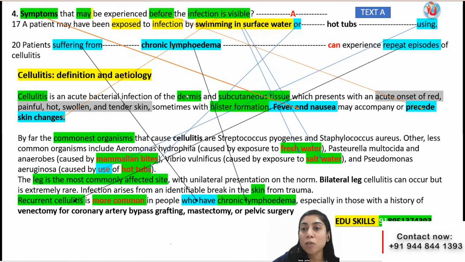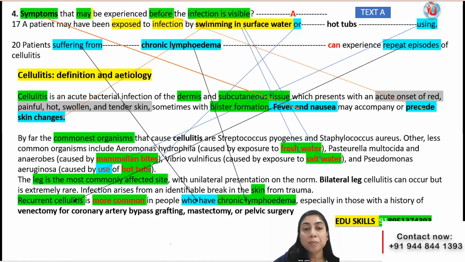The rest, especially in those with a history of venectomy, is no need here. The question is coming only from here: recurrent episode, where is it more common? More common in people who have chronic lymphedema. So the patient suffering from chronic lymphedema can experience repeated episodes, recurrent cellulitis.